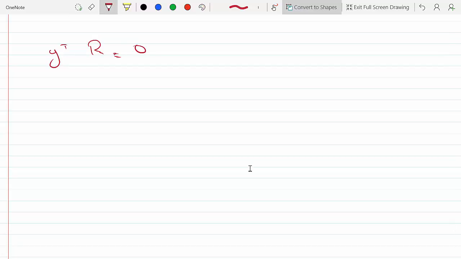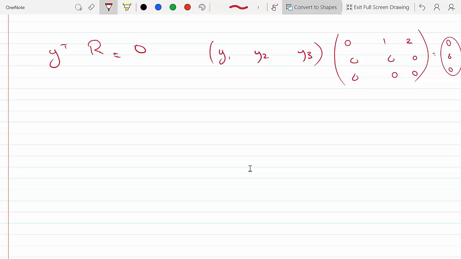So I have y1, y2, y3 times my matrix, 0 1 2, 0 0 0, 0 0 0, and this has to equal 0 0 0. I don't have space, so let me just write it as 0 0 0 transpose.